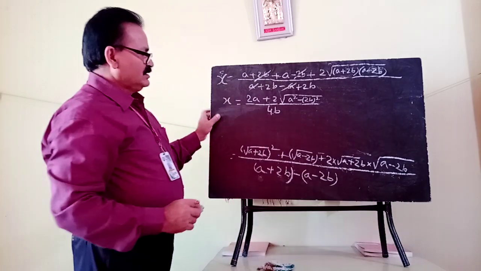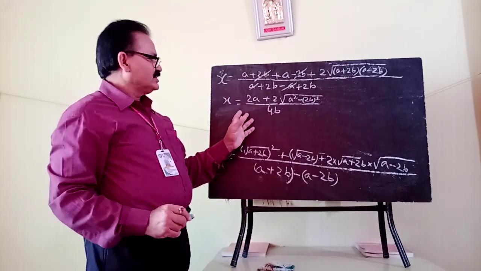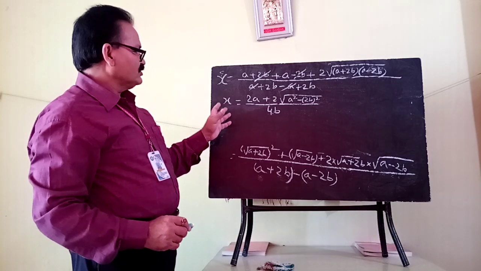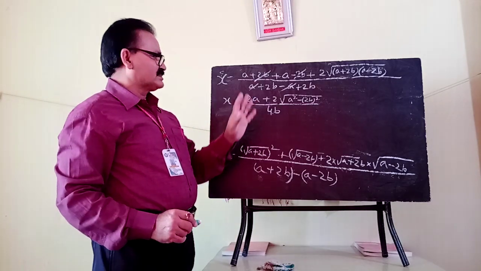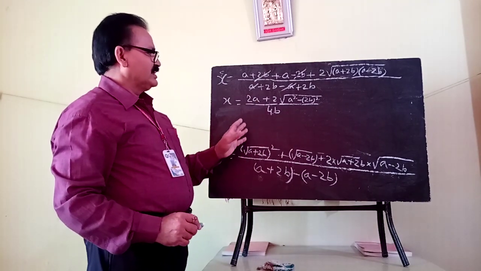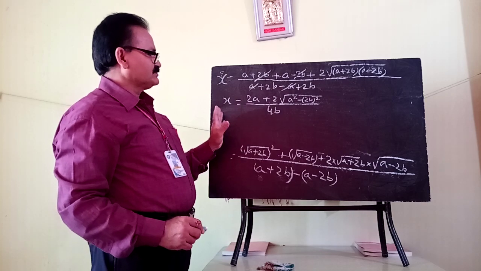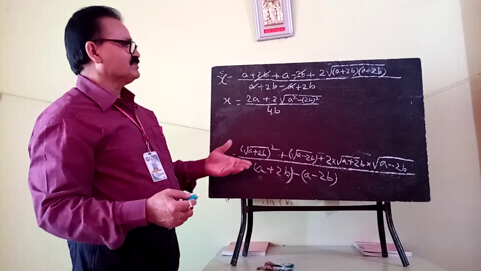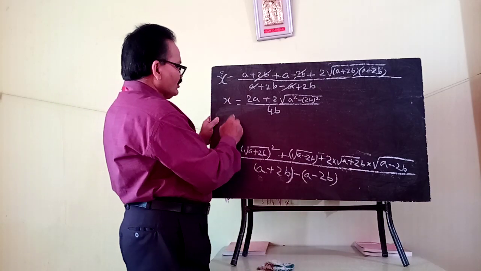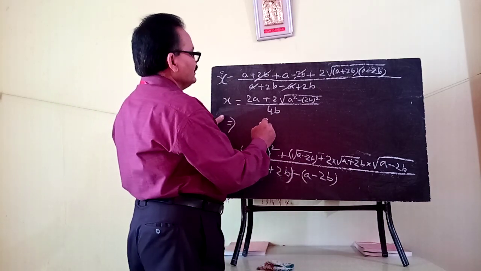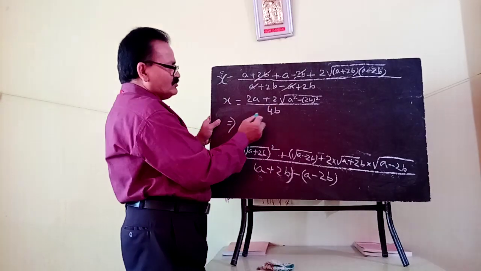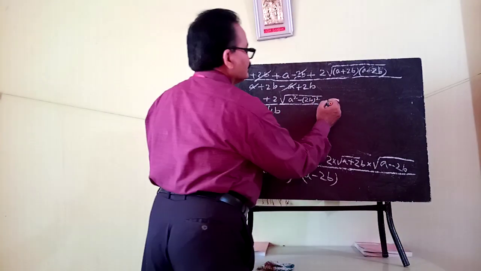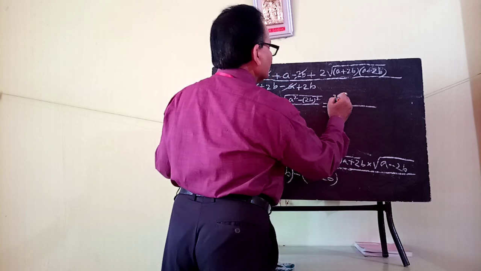Is it clear for you? Okay, so you have got the value of your x. Now what you will do, you just make cross multiply. For cross multiply, first of all you do one thing, you take 2 common.